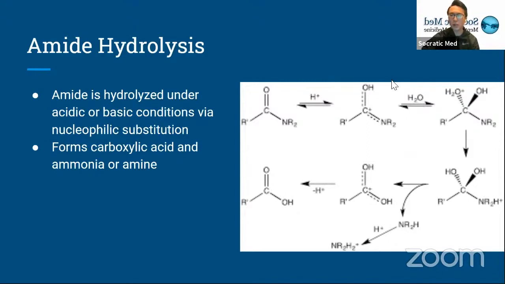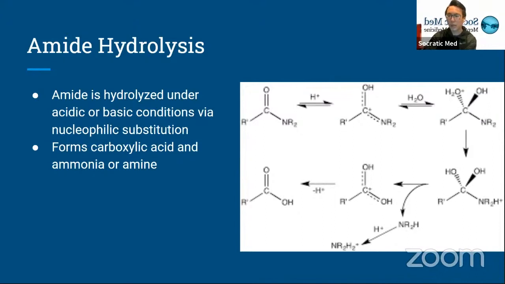So when the water group attacks the molecule, it forms the tetrahedral intermediate that you see on the top right. And what happens is the amine or the ammonia group that was attached to the carbonyl carbon will accept a proton from that water group that was added.